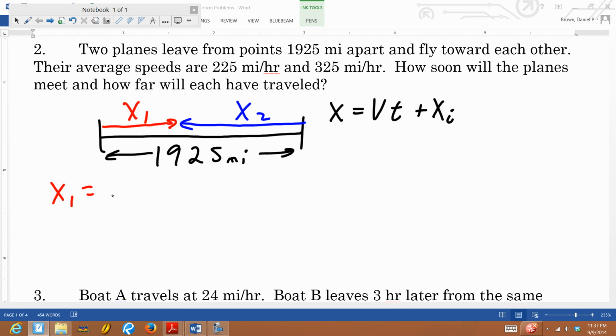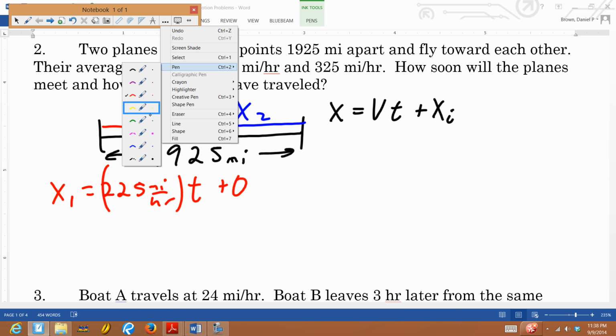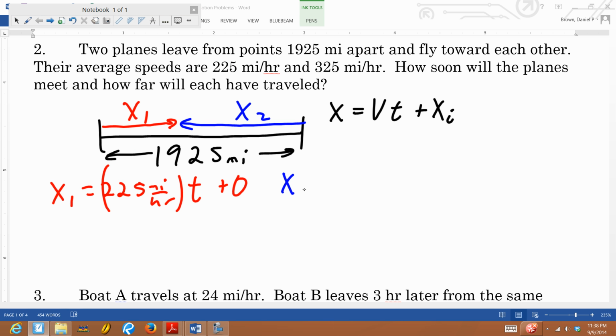So x1 is equal to 225 miles per hour times the time that the two planes are traveling. We're going to say that the other plane is going to travel a different distance, a different displacement, x2, is equal to 325 miles per hour times the same time t.